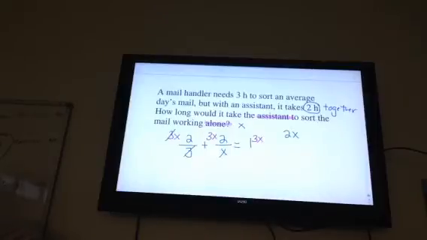And on the second term, the x's are going to cancel. And I have left 3 times 2, which is 6. And on the third one, 1 times 3x is 3x. Nothing cancels. No denominator there. And then solve, subtract your 2x, and x is 6. So that means the assistant alone is going to be 6 hours.